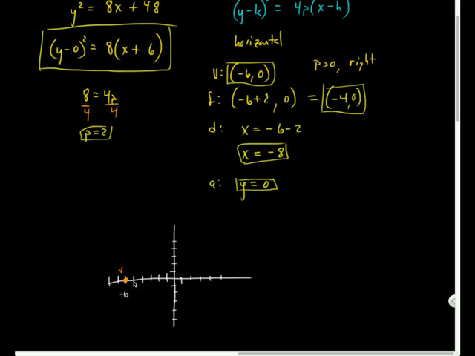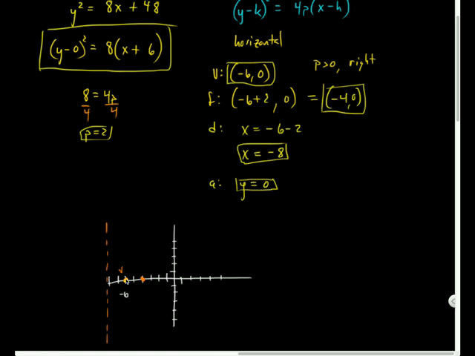So that's 2 units, so over 2. And negative 4, 0 agrees with that, right? The directrix is 2 units in the other direction, so x equals negative 8. So right like that. And so far, the only point that I've graphed that actually is on my parabola is the vertex. So the directrix and focus aren't on the graph itself.